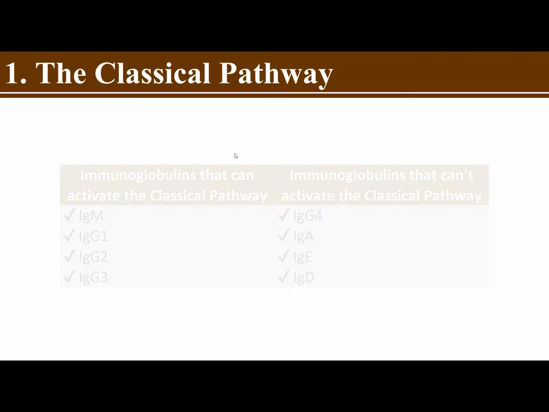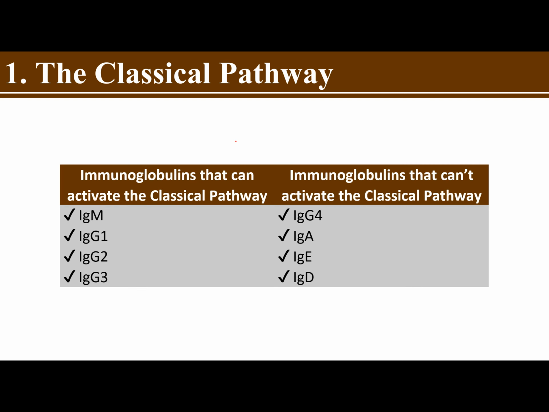Now, these are the summary class of what I mentioned. These are the immunoglobulins that can activate the classical pathway. We have, as I mentioned, IgM and IgG. Now, the thing you need to remember, class, about your IgG is that it has 4 subclasses, which we will tackle in Module 6.